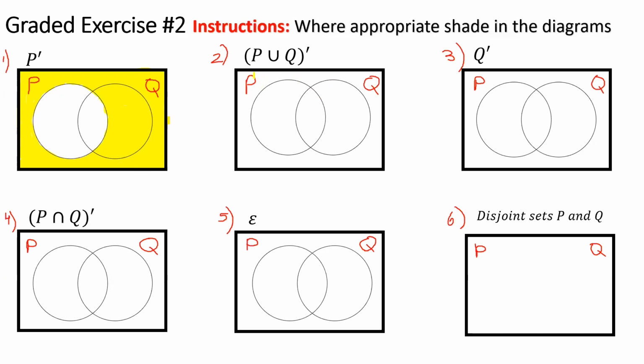So first you shade all outside the boxes for P and Q. So we shade the outside except for P and Q, right? Yes, sir. Good. So we shade the outside, but we do not shade P and Q. How many persons got that? I got that.